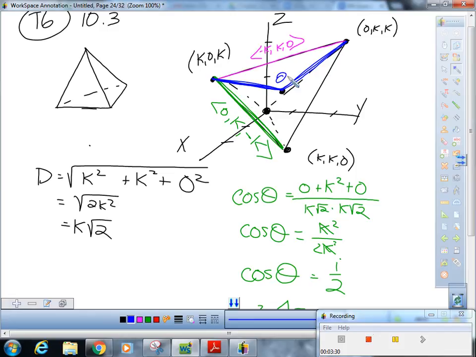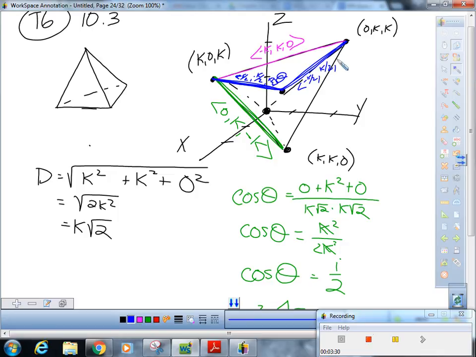Okay, so we got to come up with some vectors. So k minus k over 2 is k over 2. 0 minus k over 2 is a negative k over 2. And k minus k over 2 is k over 2. I can read that, so I'll clean it up here in a second. The other one: 0 minus k over 2 is a negative k over 2. K minus k over 2 is k over 2.